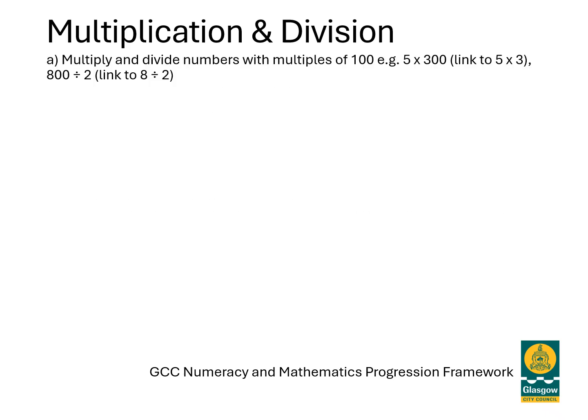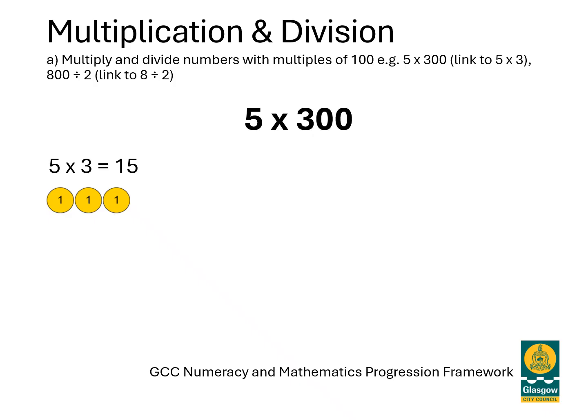So first of all, making our connections between our known number facts and something bigger. So 5 times 300, when our pupils see something like that, we want them to relate that to 5 times 3. And they will be able to work out 5 times 3, or they might already recall 5 times 3, and we can model it through to them to explain that 5 times 3 means 5 groups of 3.